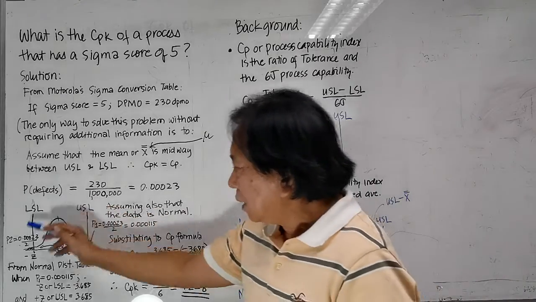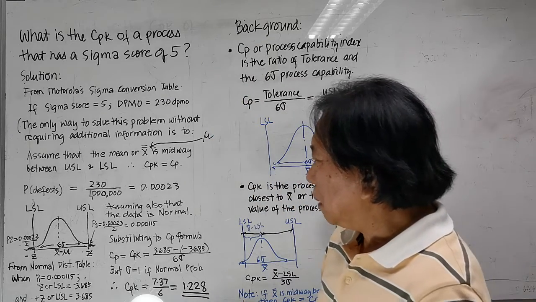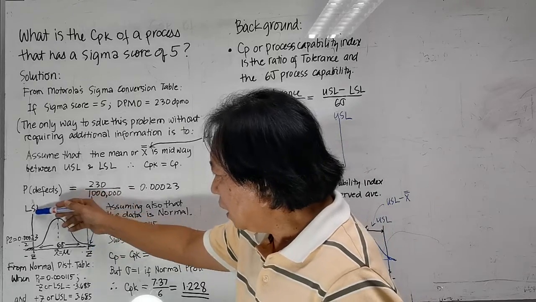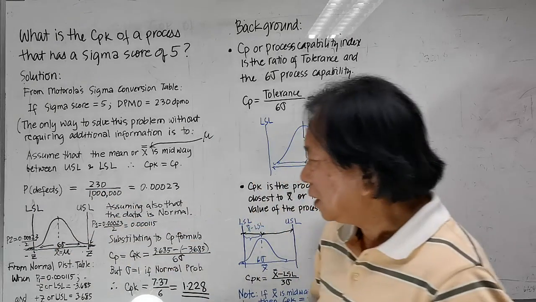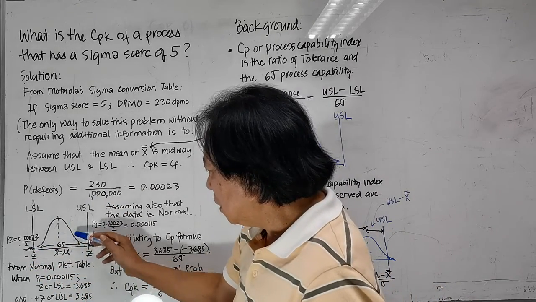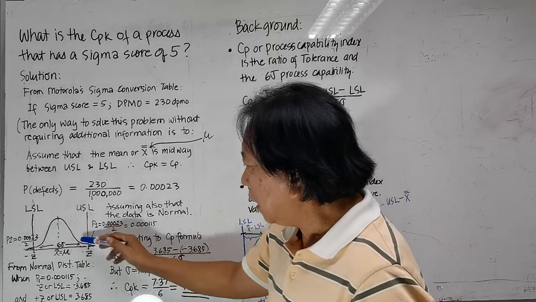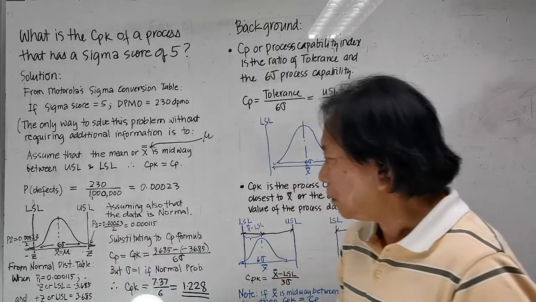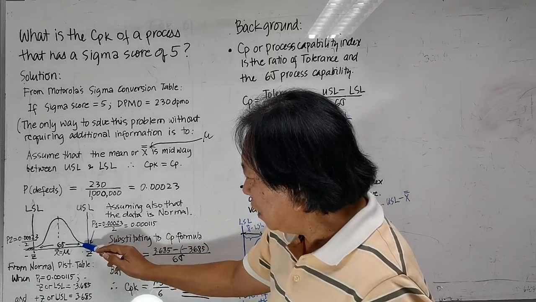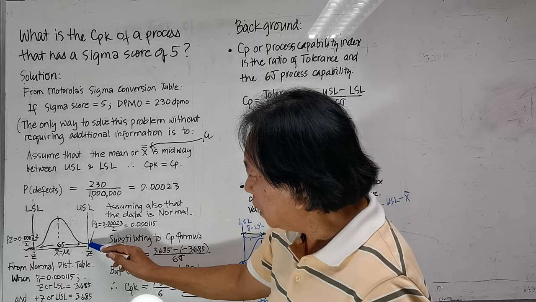So let us illustrate this problem. You have the USL here and the LSL at the other end. And the process performance is at the middle. This is the bell curve of the process performance. And of course, this bell-shaped curve has tails.